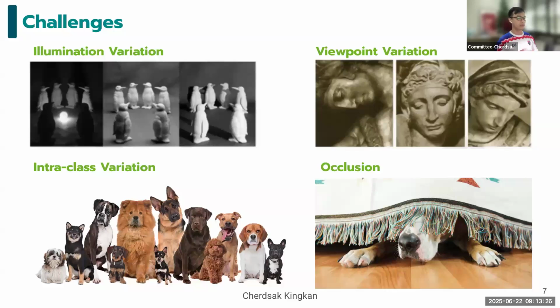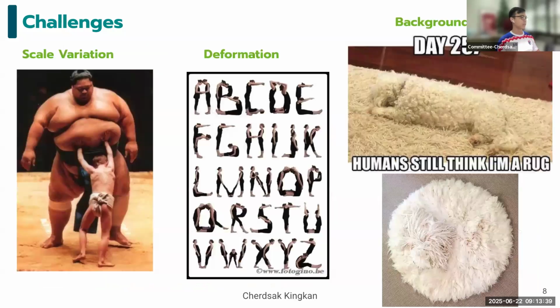Or even viewpoint variations. If we capture the image from a different angle, it would convey different meanings. And also intra-class variations, as well as occlusions, and also scale variations, deformations, and background clutter.